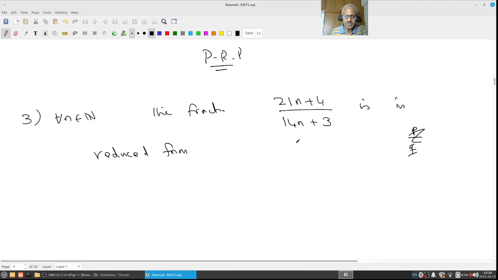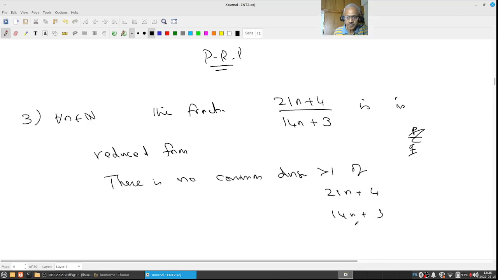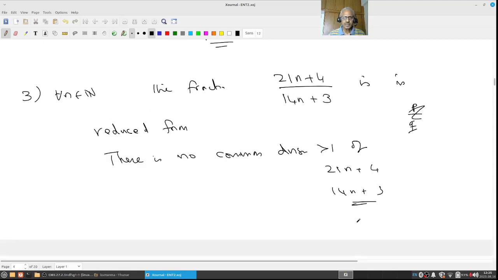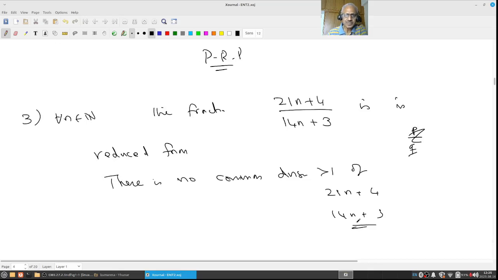Therefore what I have to show is there is no common divisor greater than 1 of both the numbers 21n plus 4 and 14n plus 3. You understand this problem? How do I tackle this kind of thing? Because this is for any natural number, how am I going to find a common divisor of 21n plus 4 and 14n plus 3?